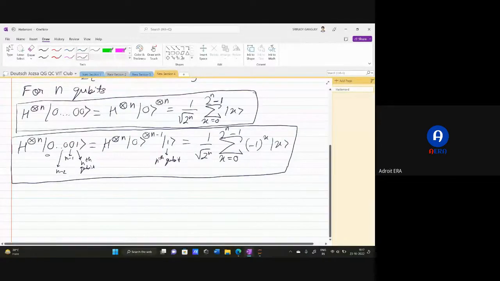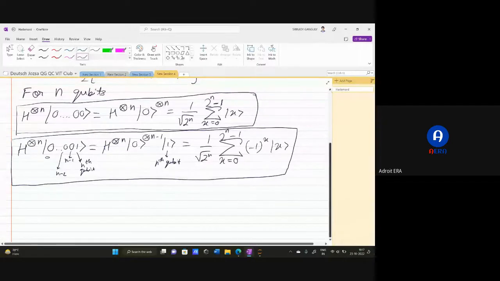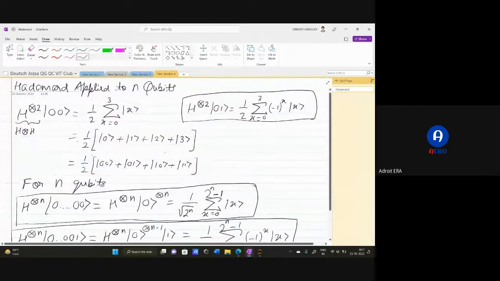Now, in binary notation, the 2 to the power n was written in decimal notation, as you saw here. I wrote it in the decimal format first. So this was the decimal format, but this is the binary format.